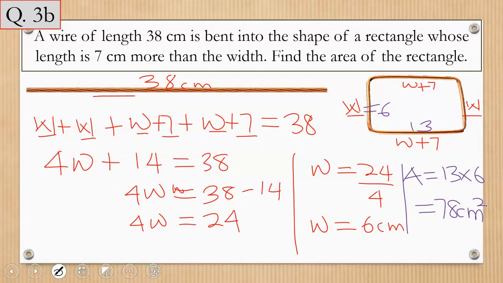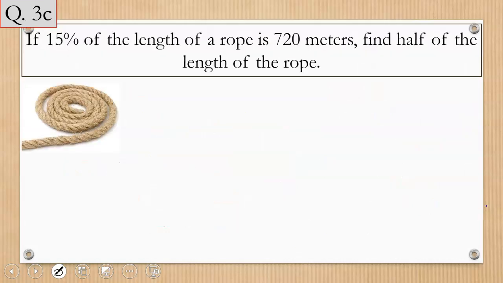Now, finally, let's look at question number 3C. If 15% of the length of a rope is 720 meters, find half of the length of the rope. So 15% of a rope is 720. 15%, which we normally write as 15 over 100, of the length of the rope.